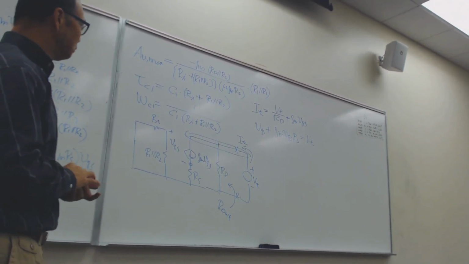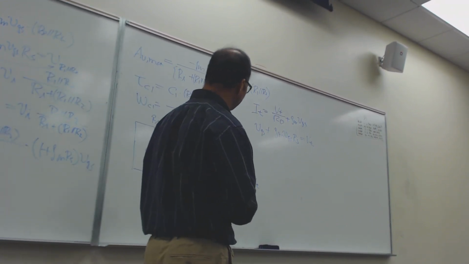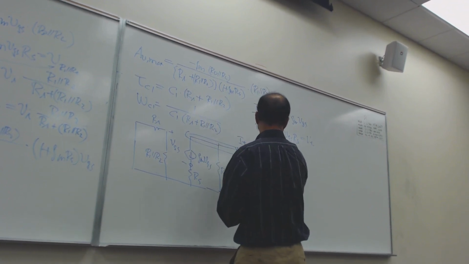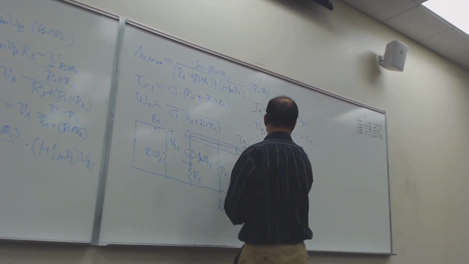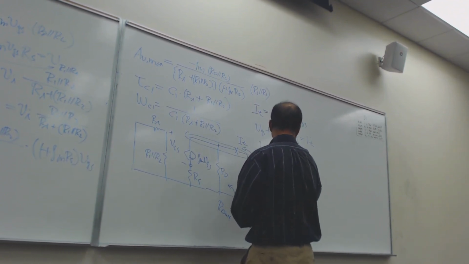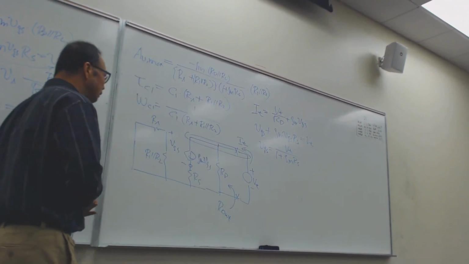Well, there's only one solution for that. Is it or not? What is VGS? So VGS is equal to VT over 1 plus GM R sub S. Yes? Is it?